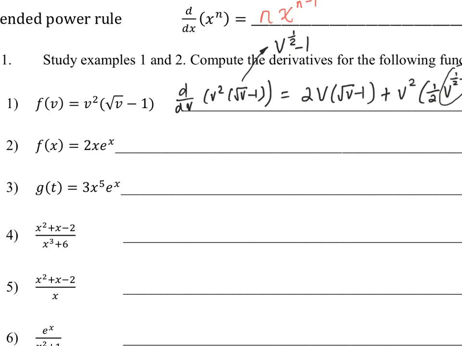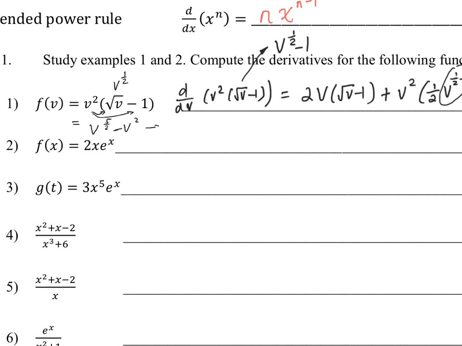So in this particular example, I can actually rewrite the original function by expanding it, right? You just write it out. This is v squared, this is v to the 1/2. So therefore you have v to the 2 plus 1/2 is 5/2, minus v squared, right?